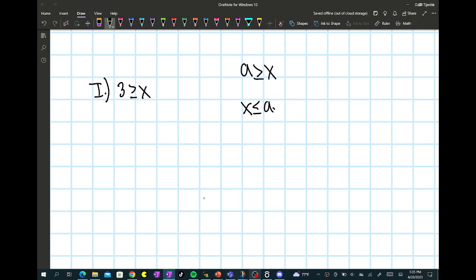You just flip it over. You have to know this definition very well. It's like if I say 2 greater than 3, well, that means that 3 is less than 2. They just crisscross. Okay.